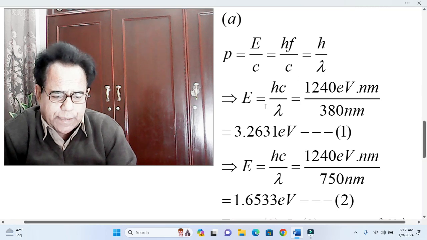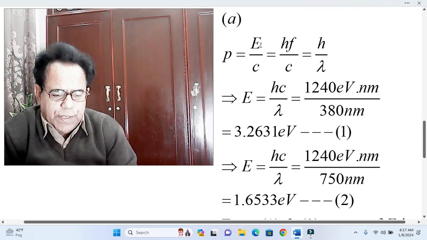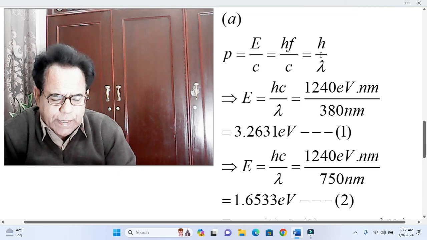E equal to hc over lambda. We suppose that E over c is equal to h over lambda. From here c will be shifted to the other side of equality and multiplied with h, and hence E will become hc over lambda.